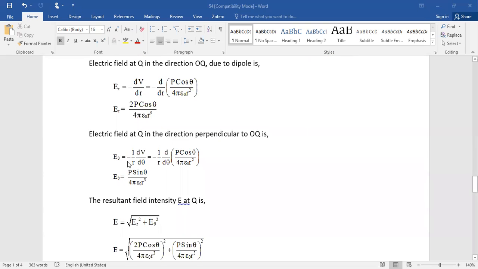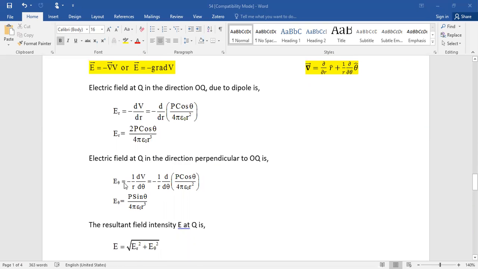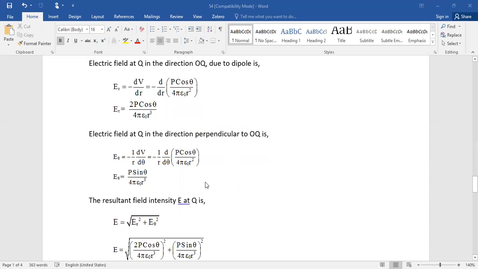Therefore, E theta is equal to minus 1 by r into d by d theta of potential, second component of the gradient. Take the potential expression and differentiate it with respect to theta. After this differentiation, you get E theta is equal to p sin theta divided by 4 pi epsilon naught r cube.